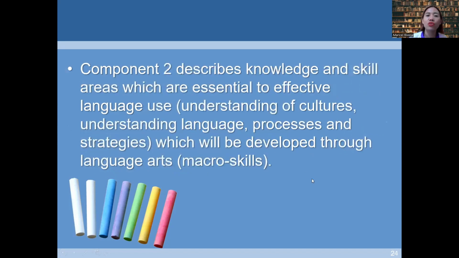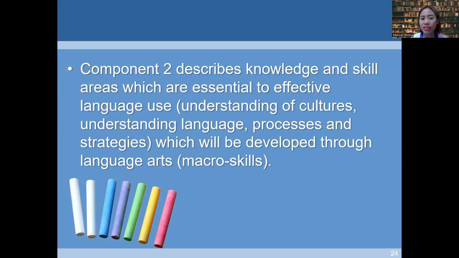Now, component 2 describes the knowledge and the skill areas, which are, of course, essential to effective language use. If we have the knowledge and the skill areas, we would be able to understand the culture. We have to make sure we understand the culture, we understand the language, the processes, and the strategies. When we understand the culture, it would be easier for us as well to understand the language, because culture and language are always together.